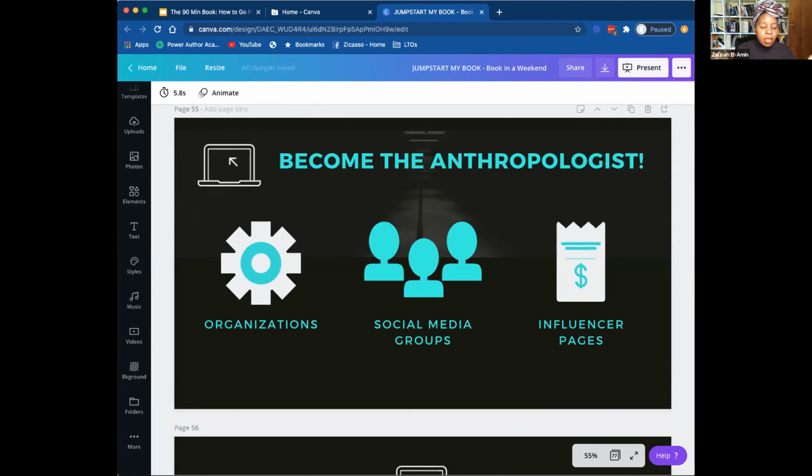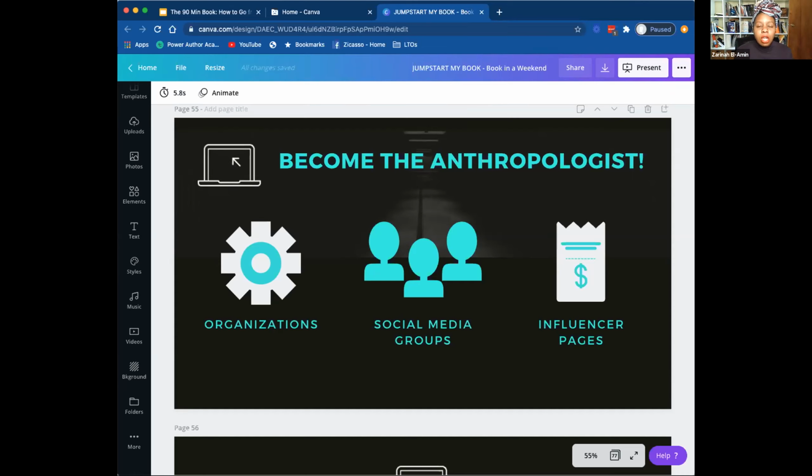What that means is that you need to go find the groups with the largest concentration of your folks, and you need to interject yourself in there. Now, the third thing is influencer pages. What I mean by influencer pages are people that your target audience already follow. These could be scholars, celebrities, or just so-called influencers, as we call them today.